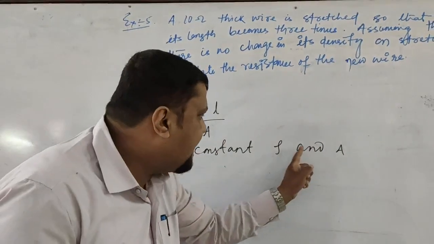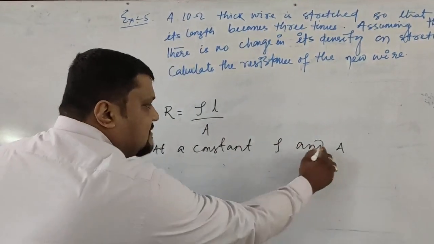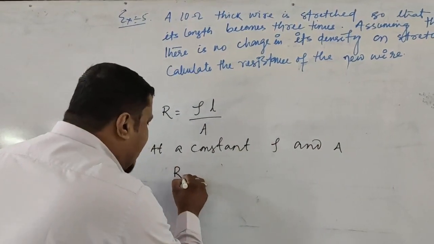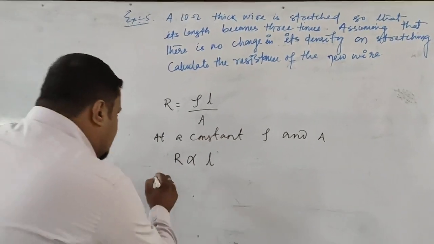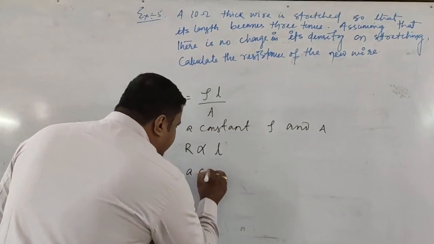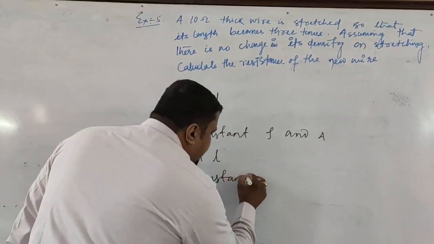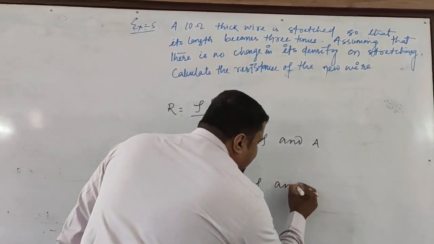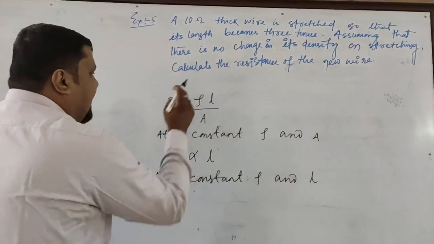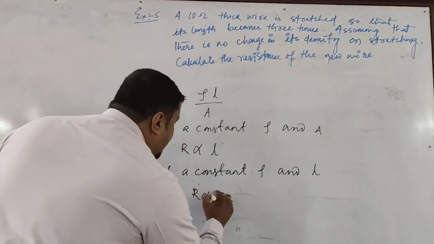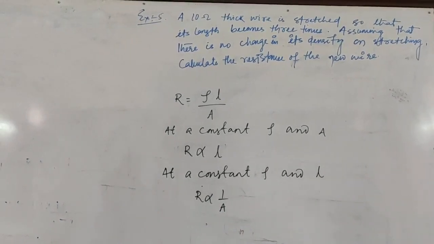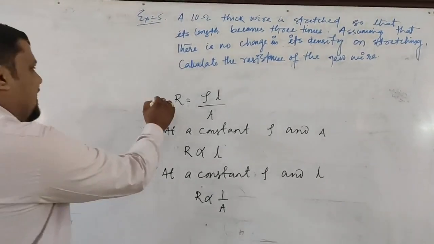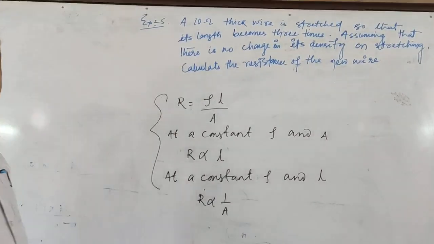If R and rho are constant, at a constant rho and A, you can say R is proportional to L. That's one part. Similarly, at a constant rho and L, R is inversely proportional to area. This is the general formula from the resistance formula.